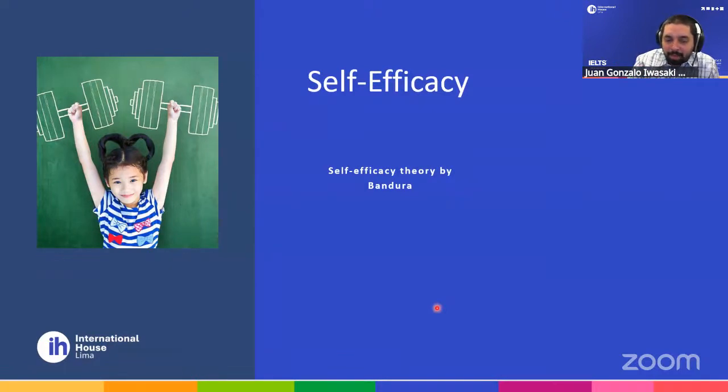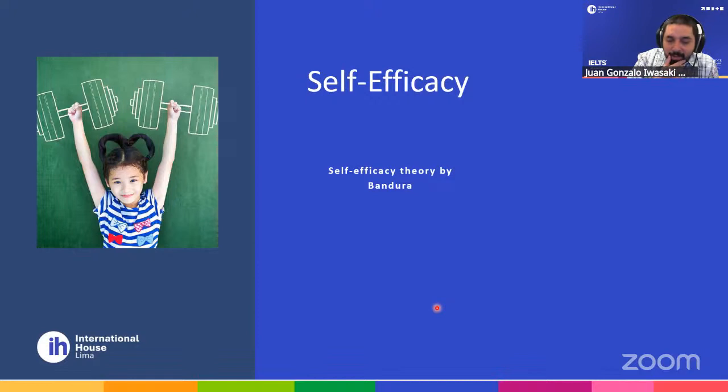If I think I'm a good striker, a good attacker in football, every time I touch the ball, I'm going to try to advance and shoot the ball because I think I'm good. That means I'm going to improve because I keep trying to shoot the ball, and I will become better because I'm constantly trying and practicing.